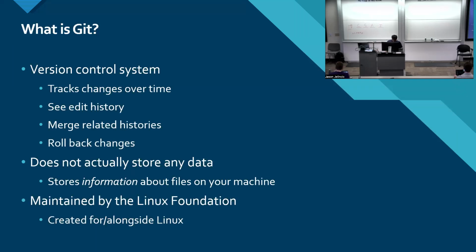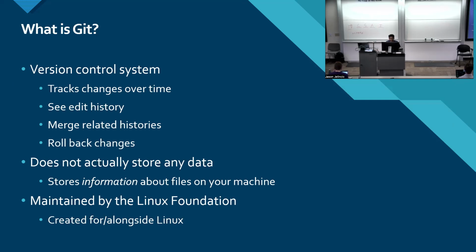So I sort of touched on what Git was on the earlier slide, but more specifically, Git is a version control system that allows you to track changes. And the primary benefit of Git is that it allows you to roll back your changes.